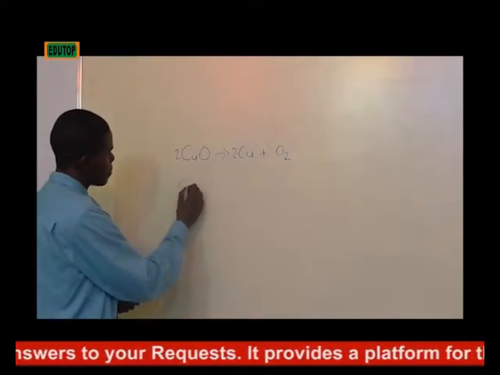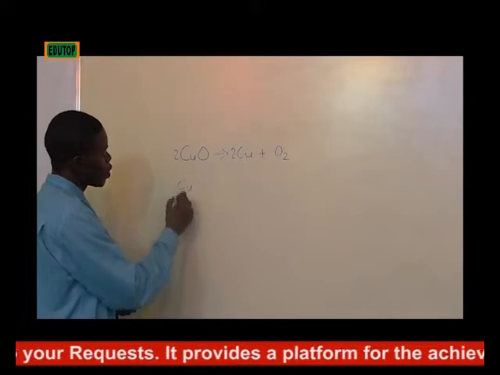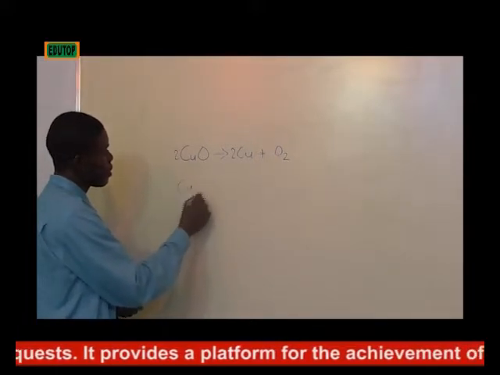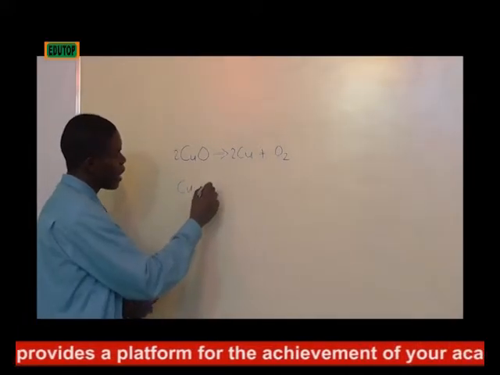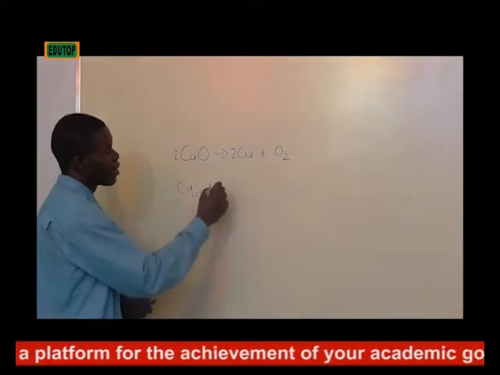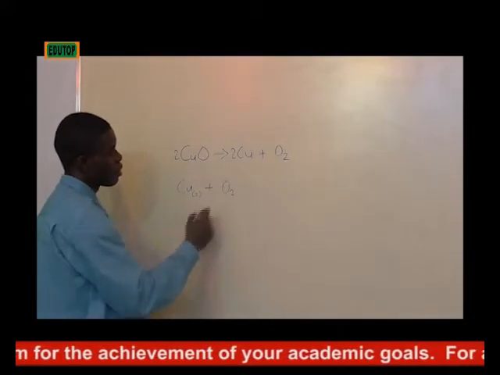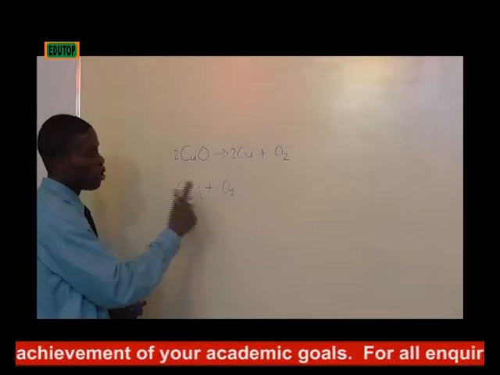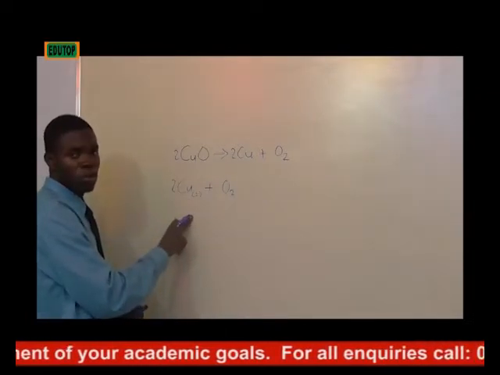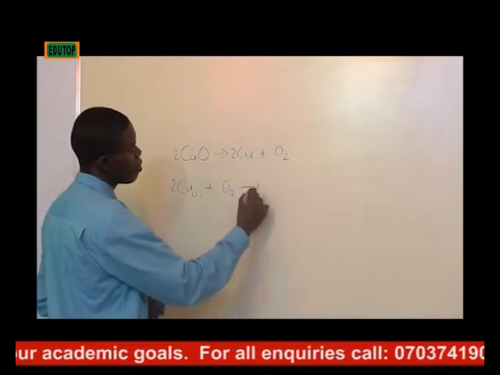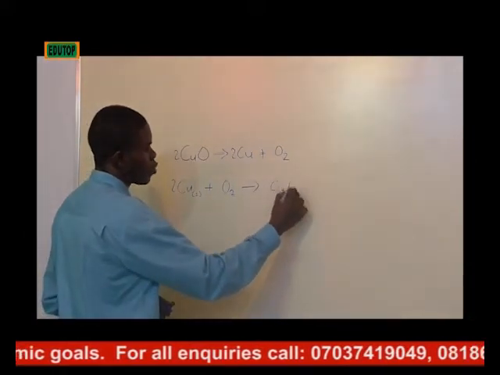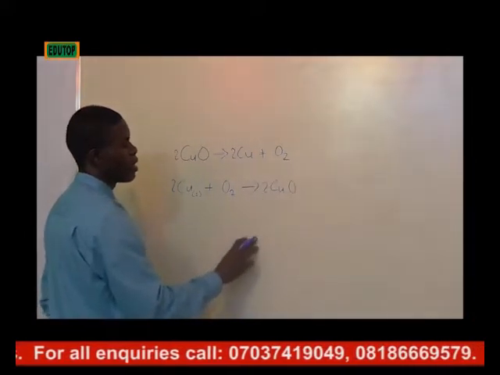copper, solid, comes together to react with oxygen. Oxygen has two atoms here. Copper is of 2 moles to give you copper(II) oxide.